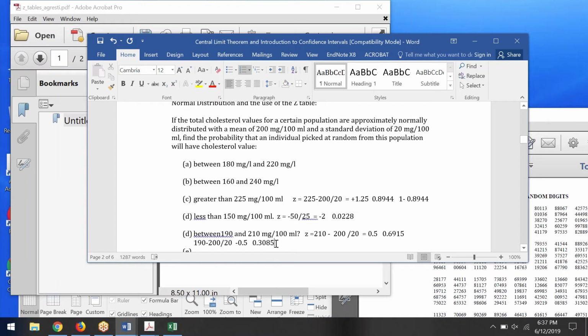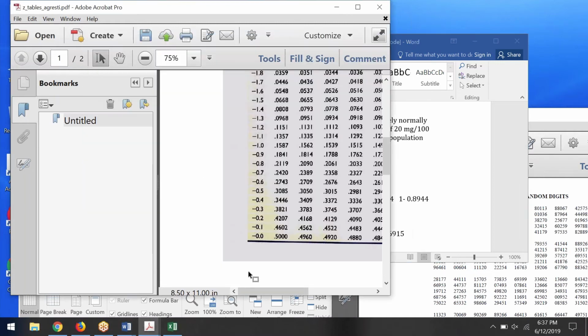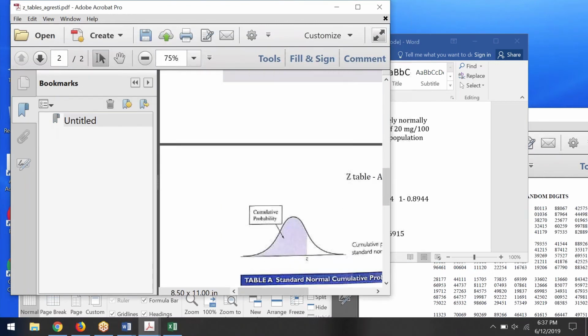Okay, so this is the area to the left of 210, and this is the area to the left of 190. So the area between those two is simply this area minus 0.3085, right? I'm taking the larger area, which you can see illustrated here: the 69% for our z-score of plus 0.5.